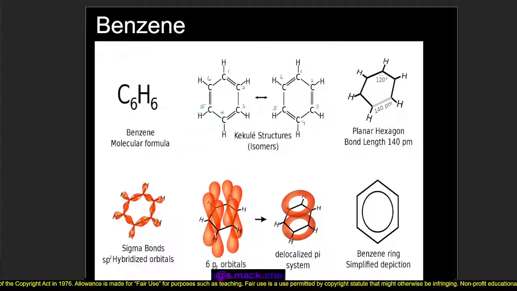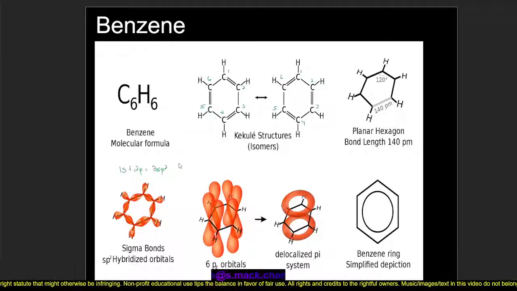If we look to the diagram below, where we see sigma bonds, sp2 hybridized orbitals, this will explain our planar hexagonal ring. In each carbon atom, a 2s orbital and 2 p orbitals mix to give us 3 sp2 hybrid orbitals per carbon atom.